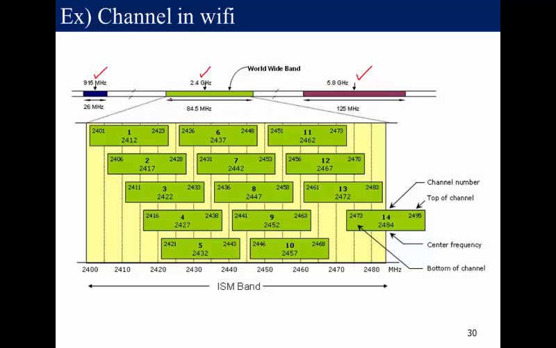If we consider the bandwidth where there is a 2.4 gigahertz frequency band, then there are about 14 channels, 14 possible channels. Each channel has 2,000 bandwidth.